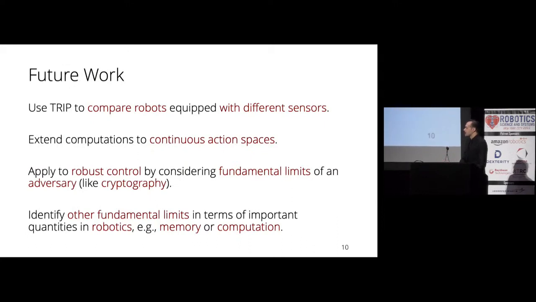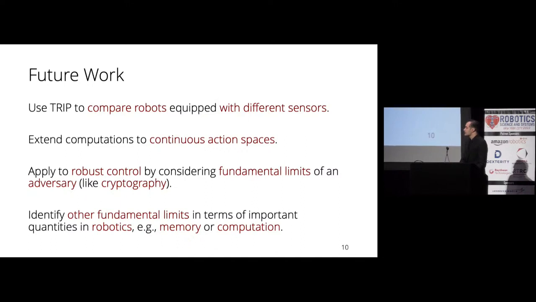policy. And to conclude, I want to mention some future directions that we're looking at. The most direct is to use our bound to compare different classes of sensors for robot tasks. We would also like to modify our algorithm to be amenable to continuous action spaces as well.